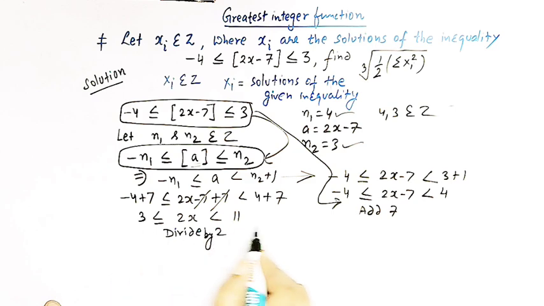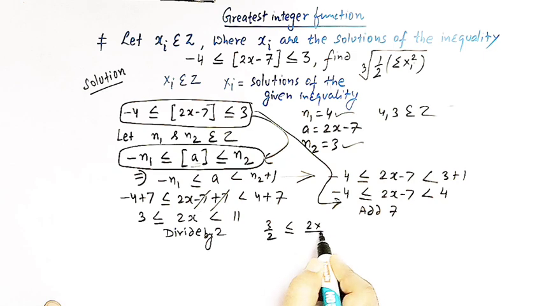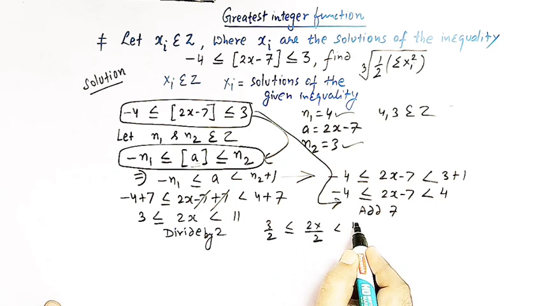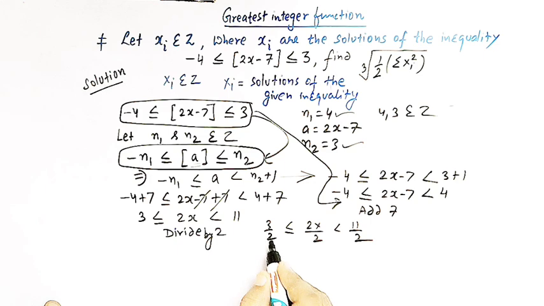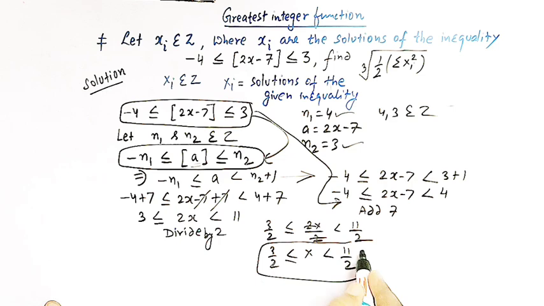So dividing throughout by 2, we have 3 by 2, here we have 2x over 2, and here we have 11 over 2. Now this is 3 over 2, here we have simply x, and here we have 11 over 2. So the solution of this inequality is given by x greater than or equal to 3 by 2 and less than 11 over 2.